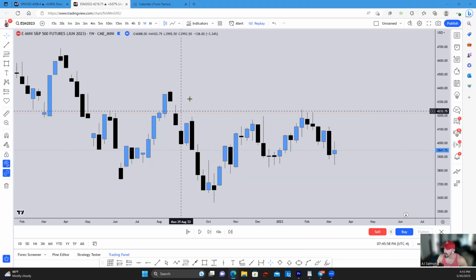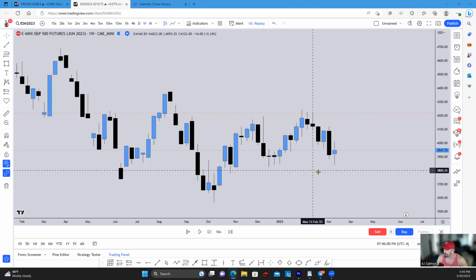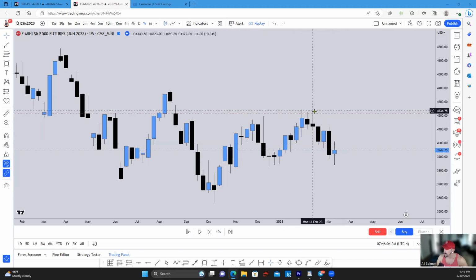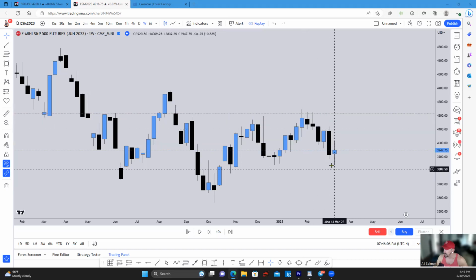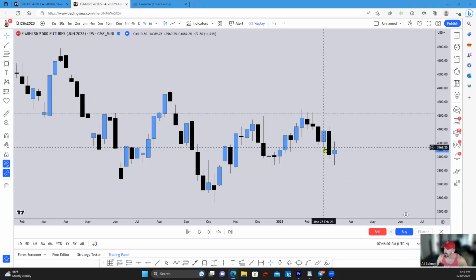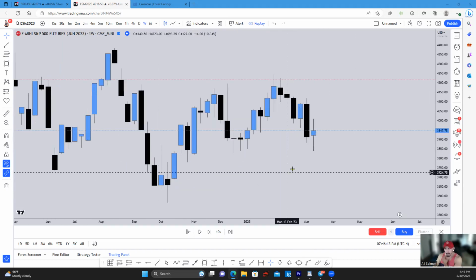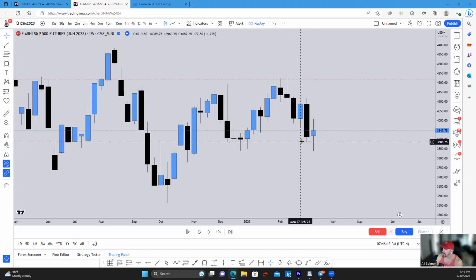So if you notice, we have a gap here, almost relative equal lows here, old swing highs here, old high here, old low here. So you want to try to think about from the weekly time frame, where is price most likely to expand to, right?